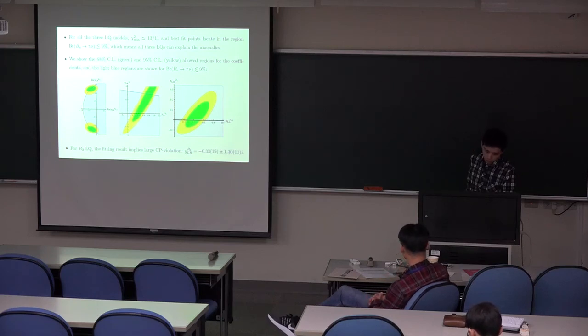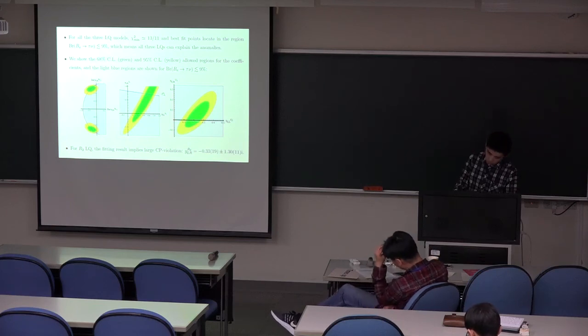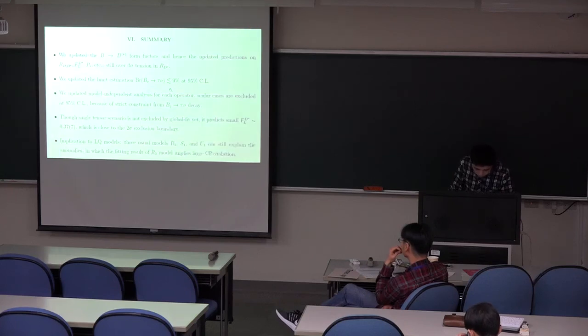And we can see that for the R2, the first figure favors a large CP violation scenario. For the other two Lepto-Quark models, if we assume real coupling, it still fits the data well.